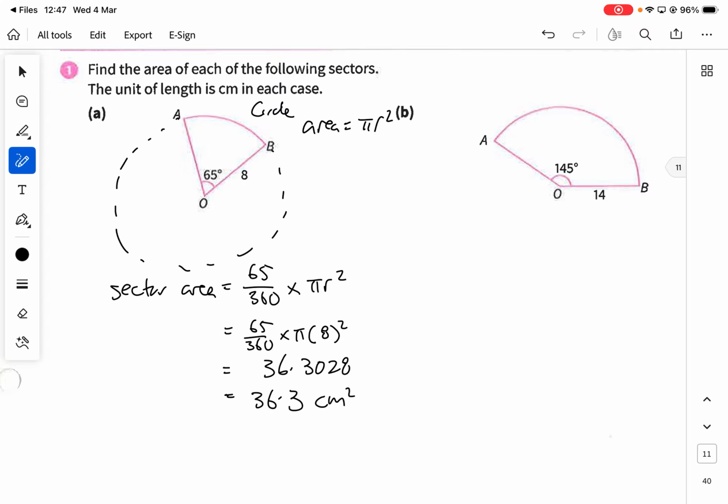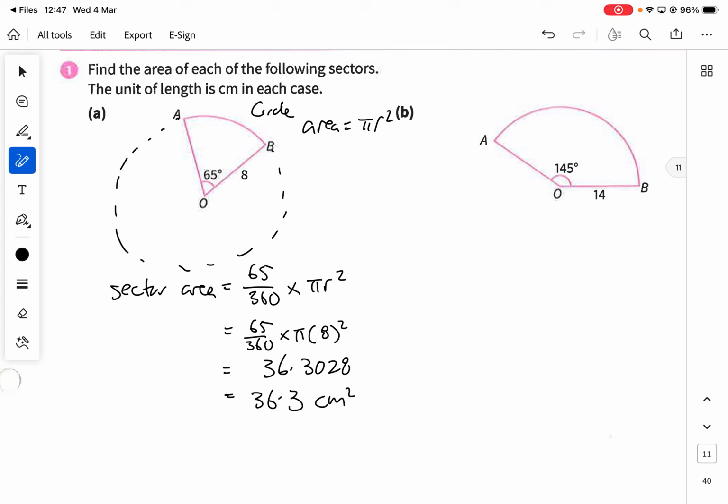Okay? So 360 degrees, I will cover the entire circle. Circle area is pi r squared. So if I only cover 65 degrees, it is 65 degrees out of 360. So 65 out of 360 degrees, multiply the area.